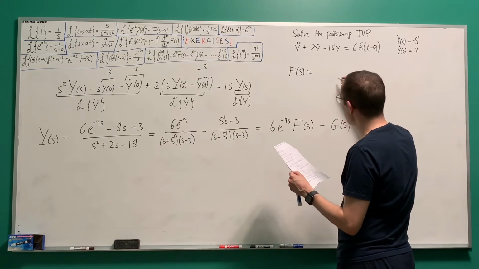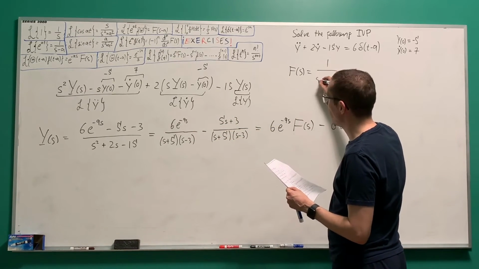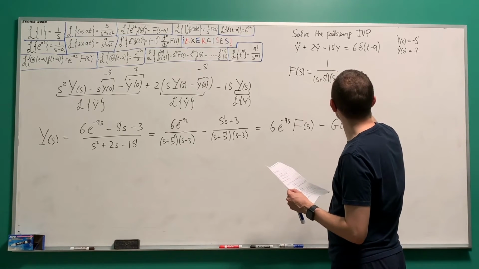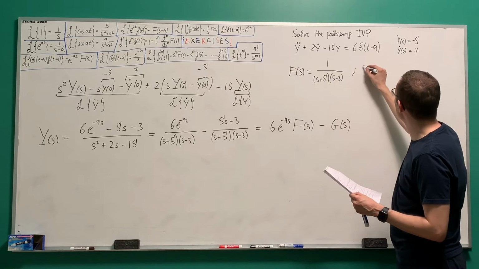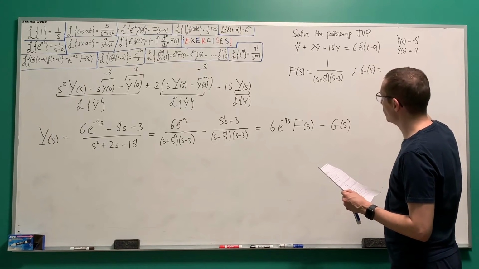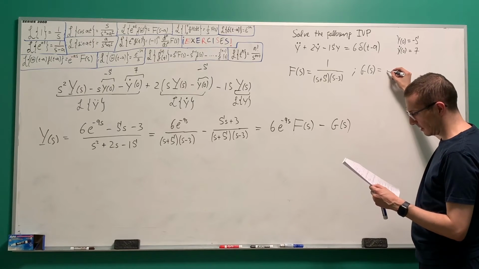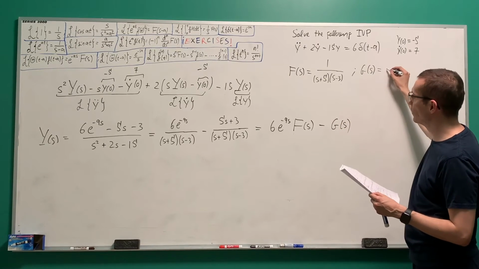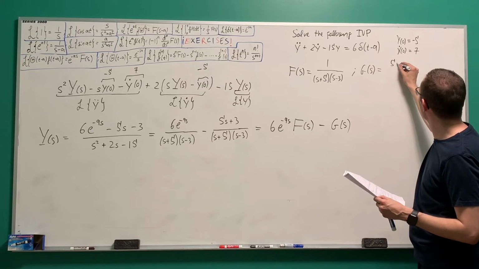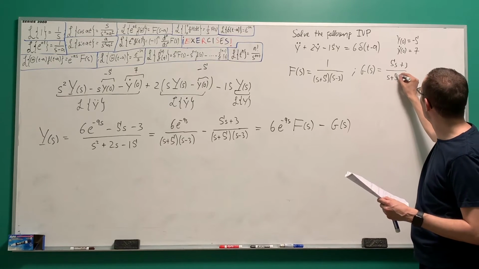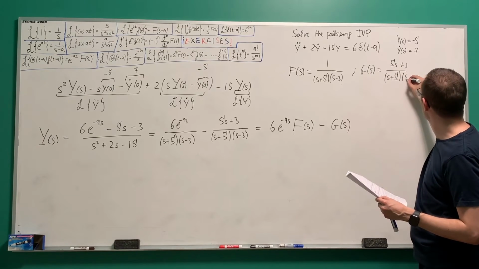So my f of s is 1 over s plus 5 multiplying s minus 3. And my g of s is going to be minus, that's important, I know I have the minus in here, so not without the minus, 5s plus 3 divided by s plus 5 multiplying s minus 3.